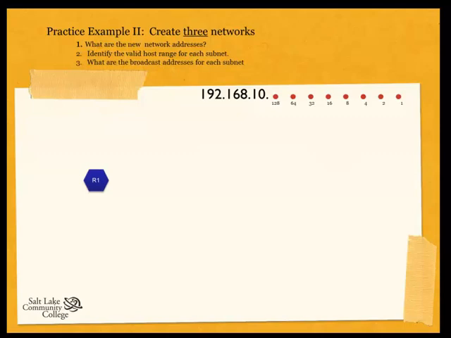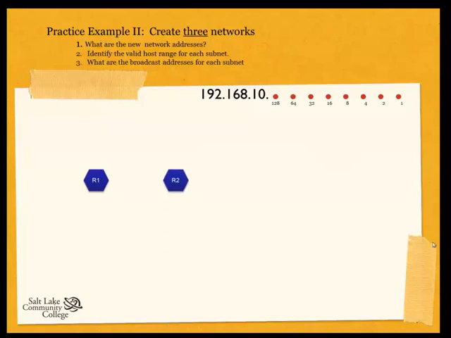Well, we know in the last scenario we borrowed 1 bit for 2 networks, so obviously we're going to have to borrow more than the 1 bit. And just keep in mind everything is powers of 2. 2 bits, or 2 to the second, will provide us with 4 possibilities, which means we're going to have 4 possible networks.